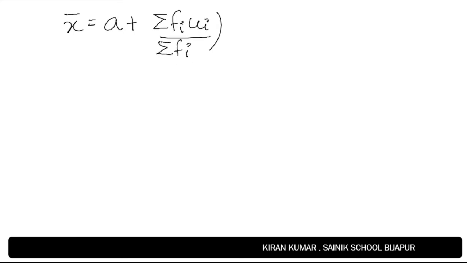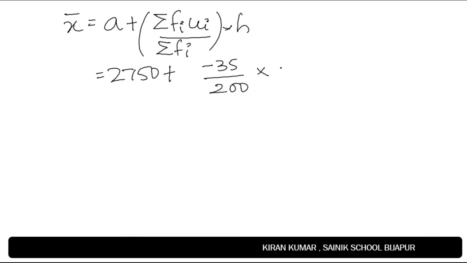Therefore, the mean is given by assumed mean plus sigma fi ui divided by sigma fi, multiplied with the class size h. So assumed mean 2750 plus negative 35 divided by the sum of frequencies 200, into 500.